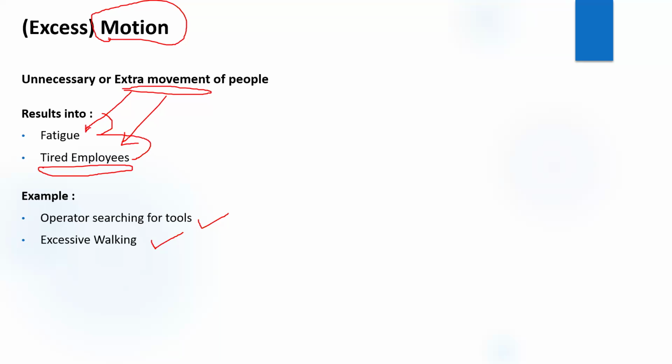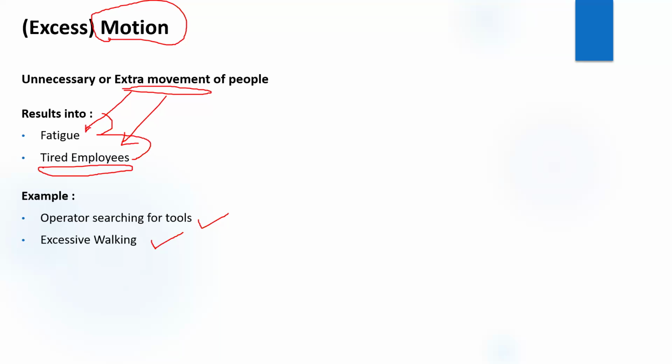He was going to HR, taking the leave card, coming back to the workstation, going to the manager who was absent or not at that location, coming back, going there again. Imagine that motion. He needed only one sign, and for that sign he was moving a lot. That is called excess motion. The operator or employee will be tired, it will be fatigue. Okay, got that? Excess motion is clear.